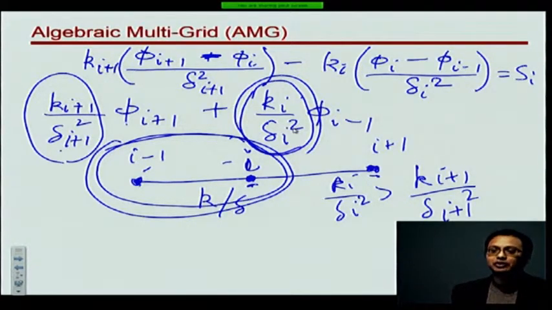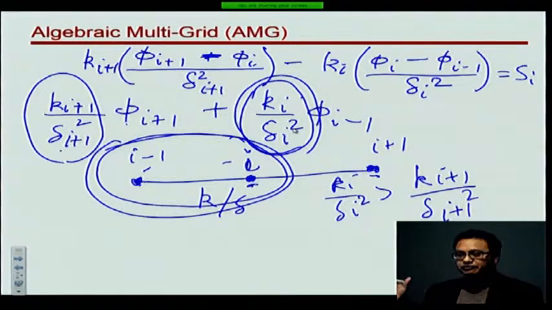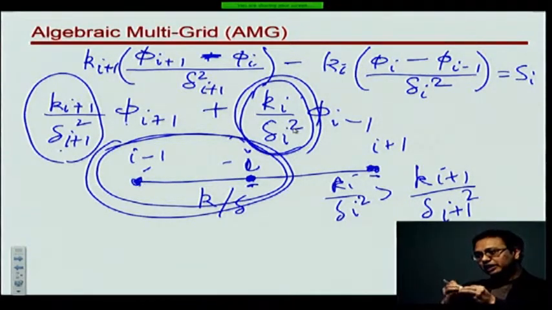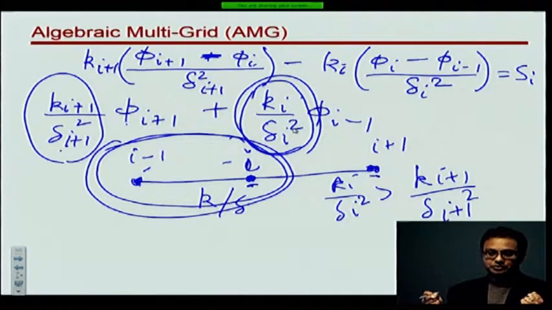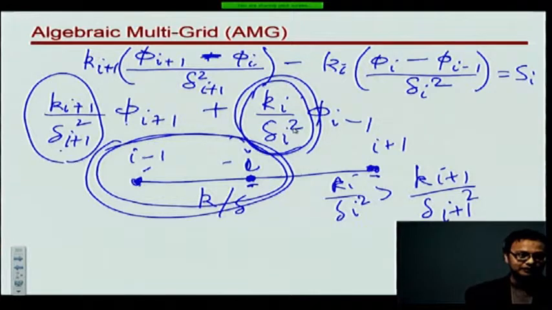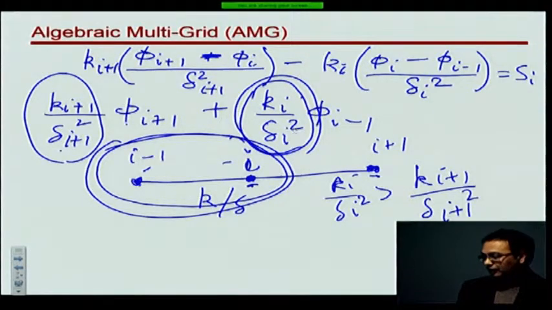So the whole strategy of which equations to agglomerate depends on the strength of these link coefficients, because they tell you how strong the bond is between two adjacent nodes or control volumes, whichever way you look at it.